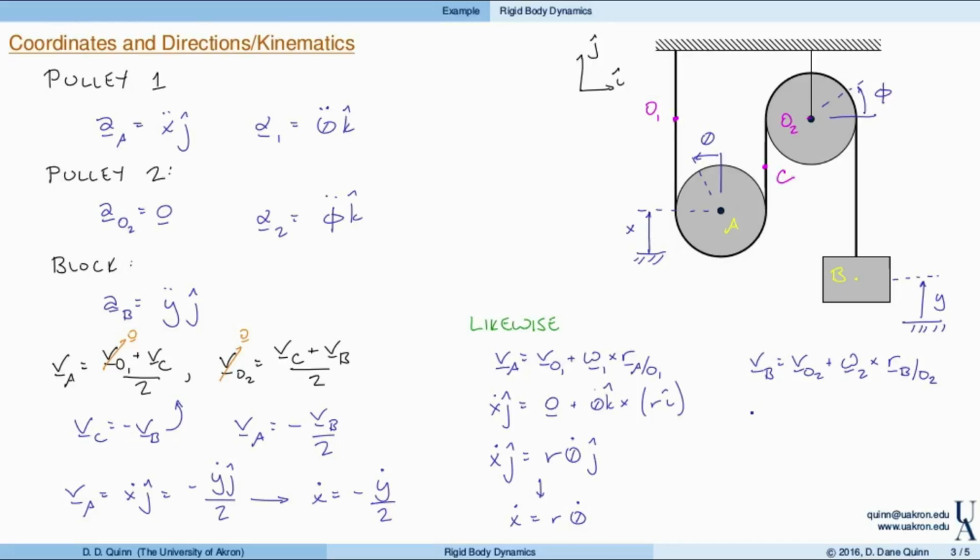So now the velocity of B, again, was y dot. The velocity of the center is equal to 0. The angular velocity is phi dot in the k direction, cross R in the i direction. So again, the vector from O2 to B is R i.